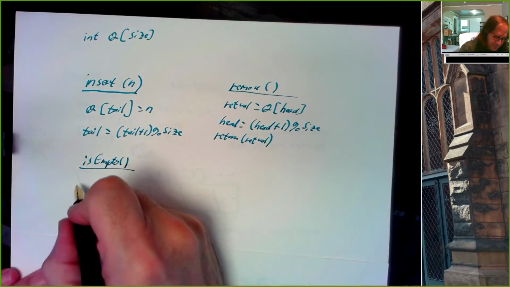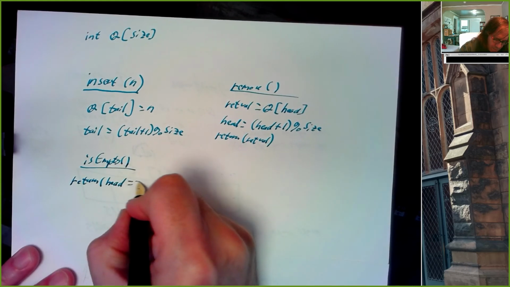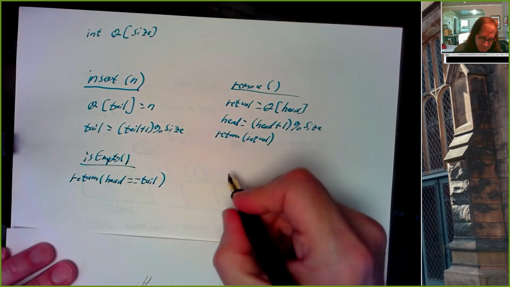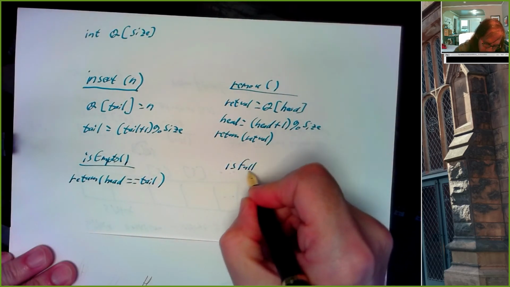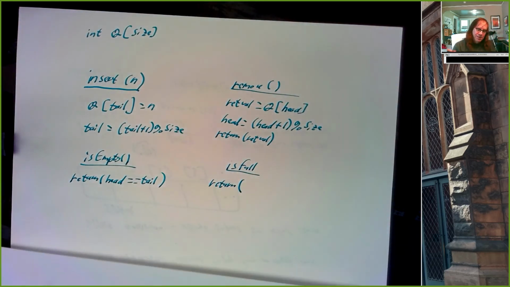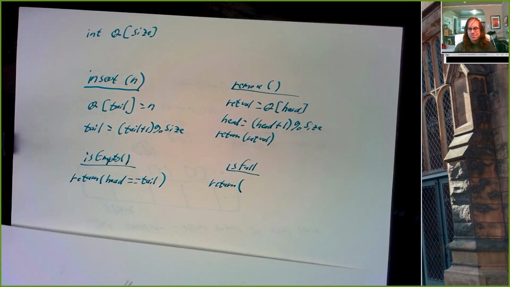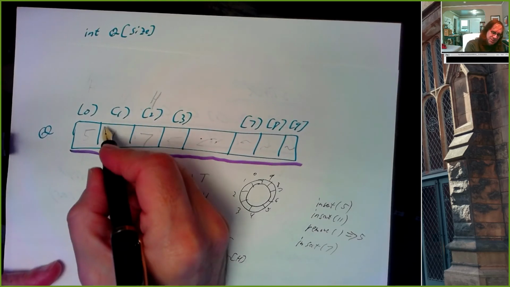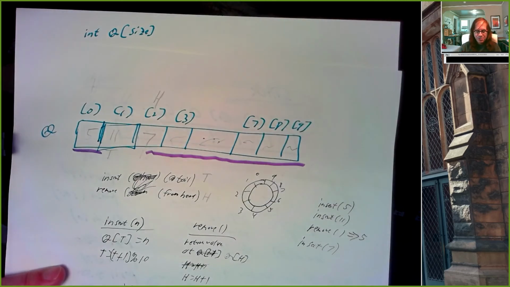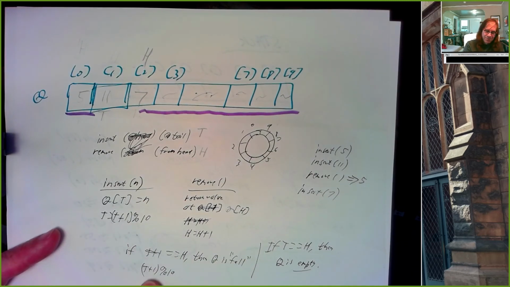To tell if the queue is empty, just see if the head and tail are the same. To see if the queue is full, we ask the question, will inserting one more thing make the head and tail the same? In other words, are we down to where there's a single open spot? So inserting will say add one to the tail.